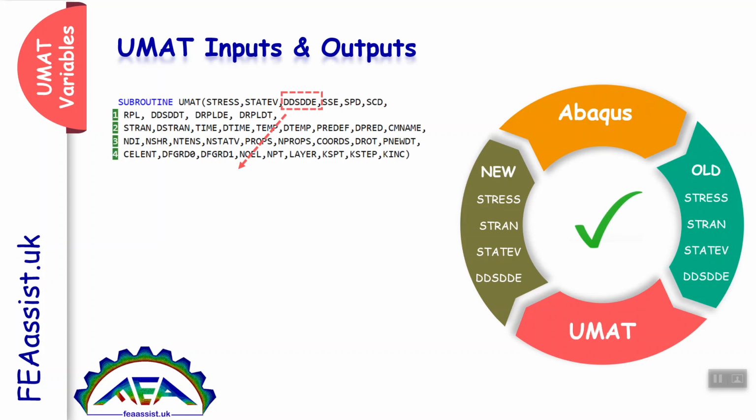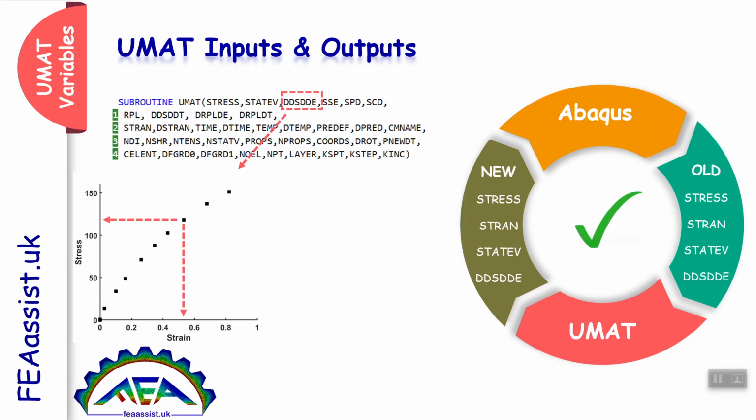Here, as an example, we explain one of the most important variables of UMAT, which is DDSDDE. Consider you have a stress and a strain at this point, and you want to compute or predict the stress at the next point.